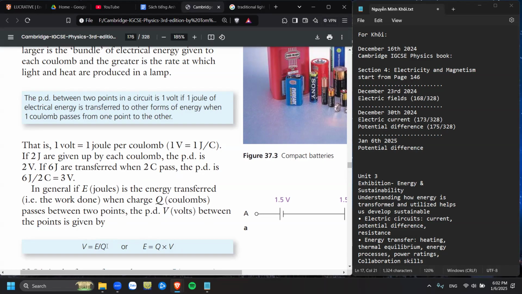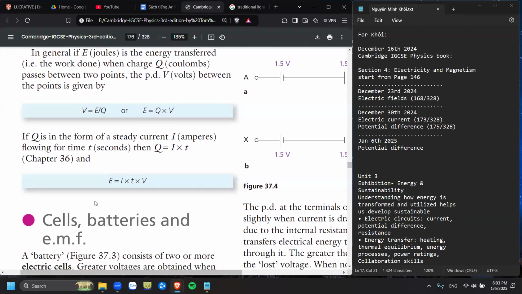Or you rearrange this one, you can have E equal to Q times V, right? It's important to write down this one so you understand the concept.